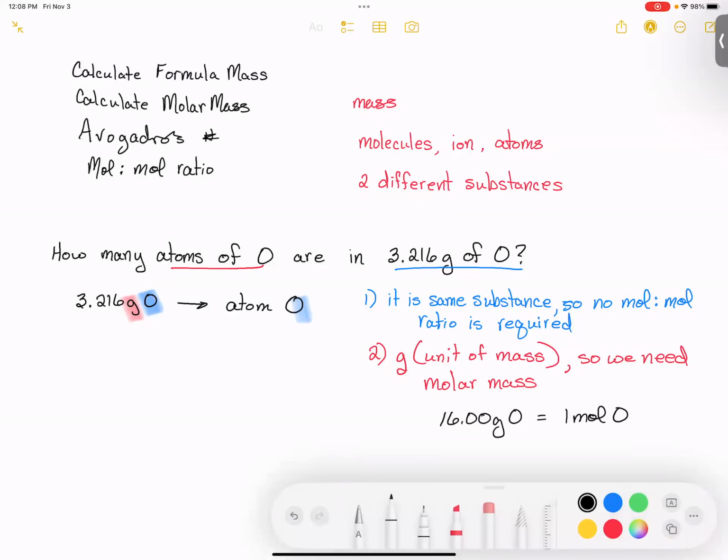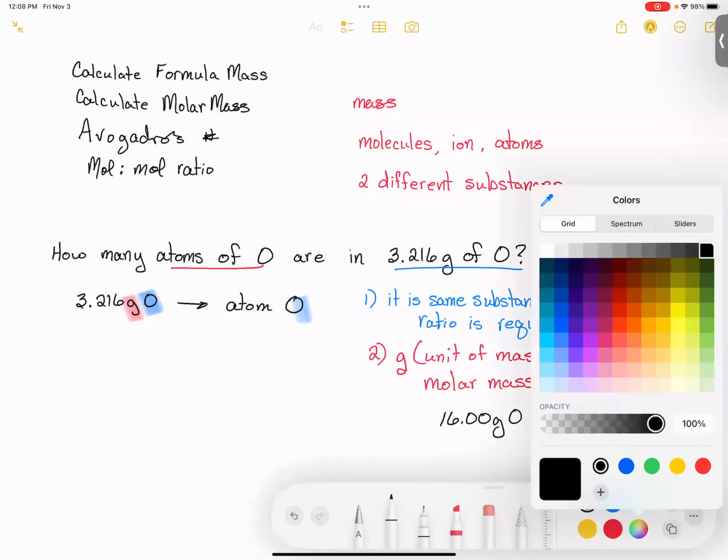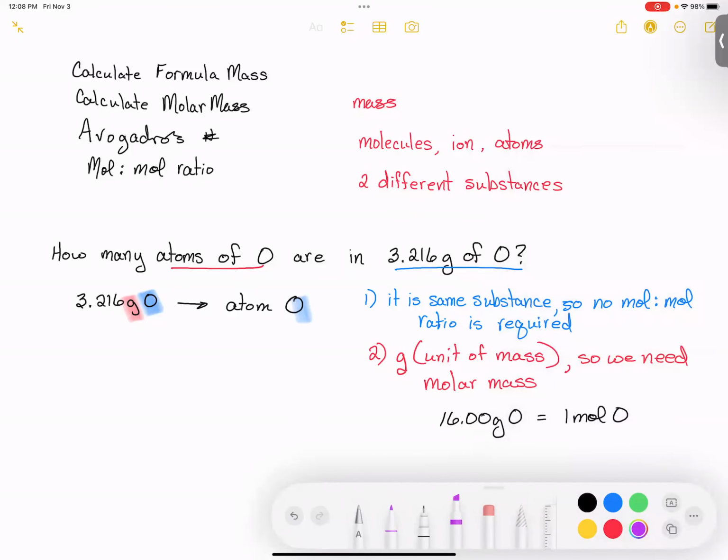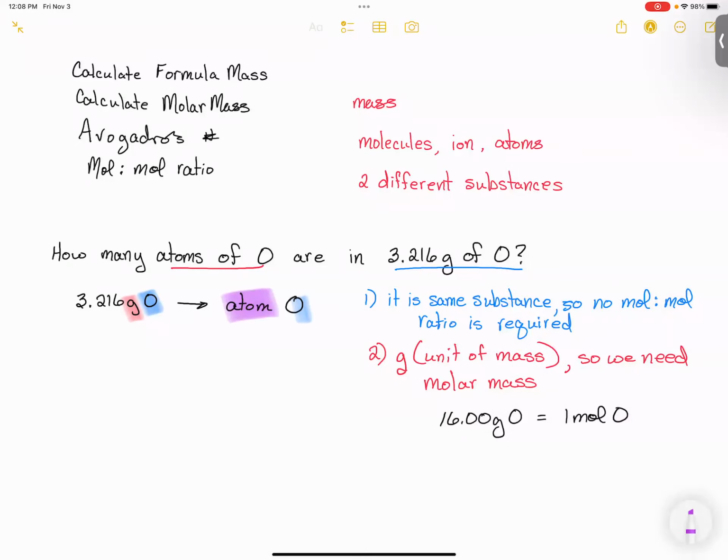Then we looked at our ending unit. Our ending unit is that of atoms.